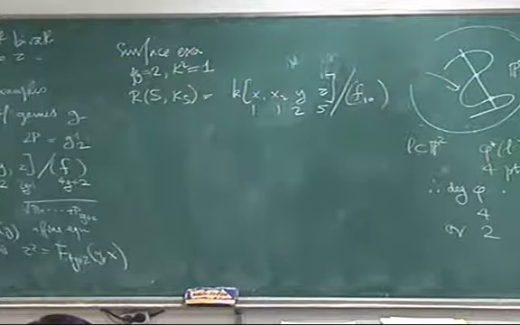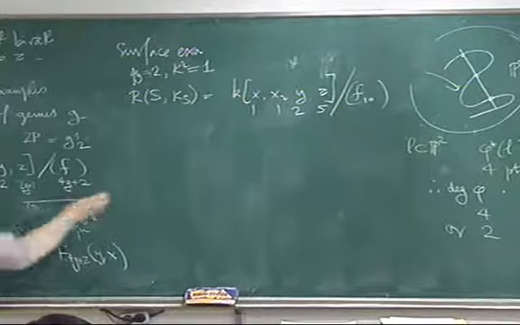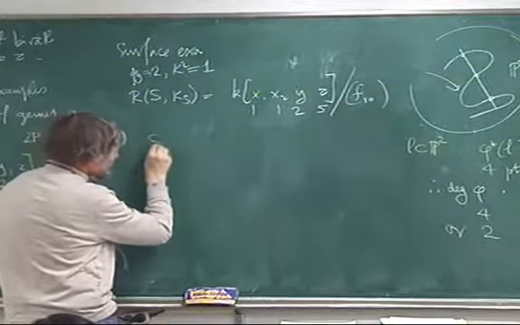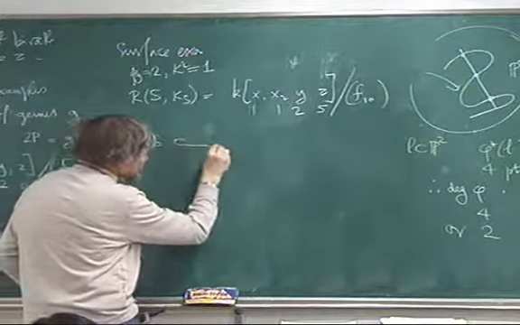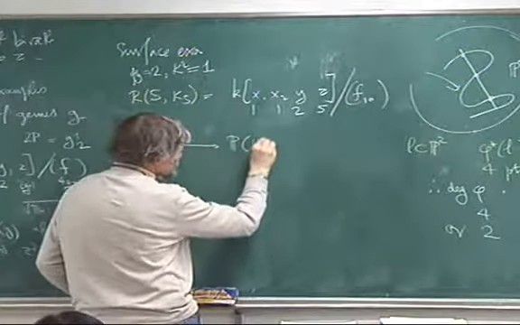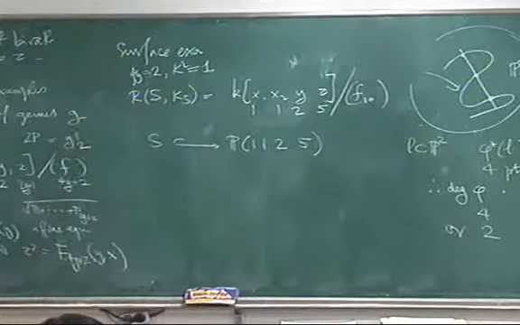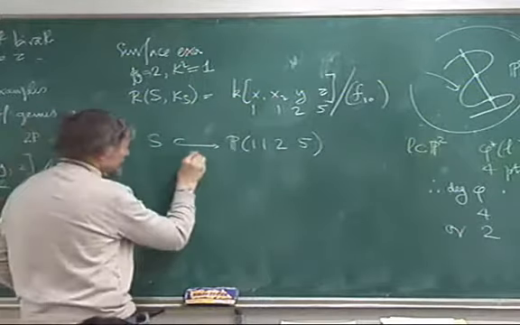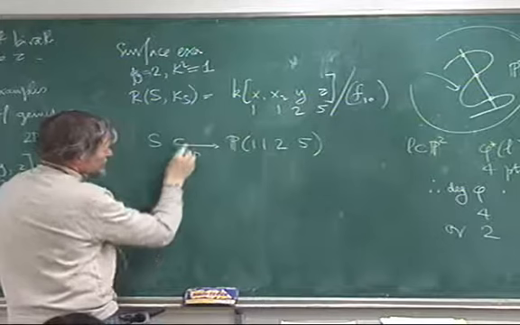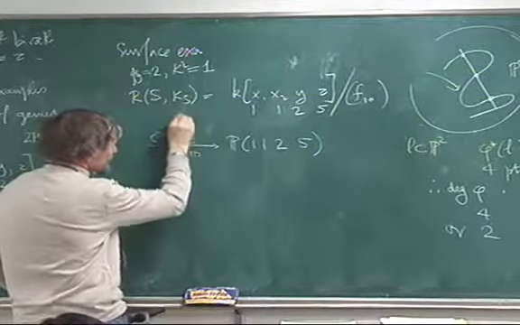So I'm going to explain this later. This is just for illustrative purposes. So in this case, S is eventually embedded into weighted projective space P(1, 1, 2, 5), degree 10. So this is the pluricanonical embedding.